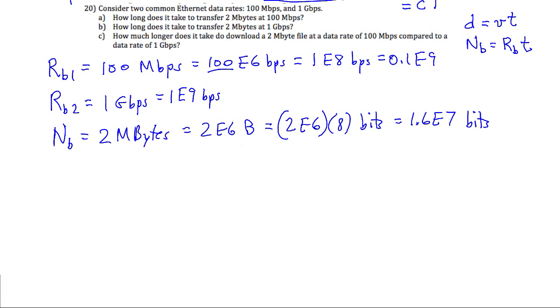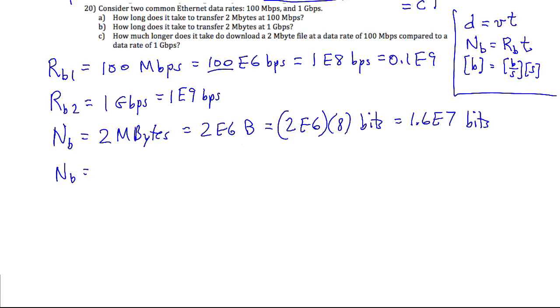This is in units of bits, bit rate is bits per second, and time is seconds. So we say that NB is equal to RB times the time, and we're going to apply that to both parts A and B, when it asks how long does it take. It's asking for the time, and we're going to call them T1 and T2. If I solve this equation for T, I get T equals NB over RB.